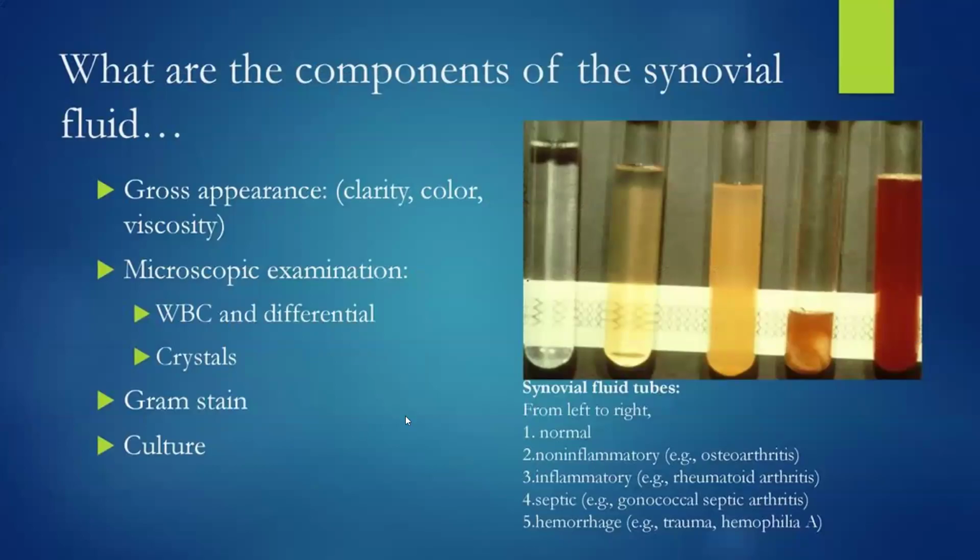The actor can ask you, send the fluid sample to the lab for what? Don't wait for the actor to ask you. So you can say we can send the fluid sample for gross appearance, clarity, color, viscosity, and for microscopic examination for white blood cells, differential, crystals, gram stain, culture.